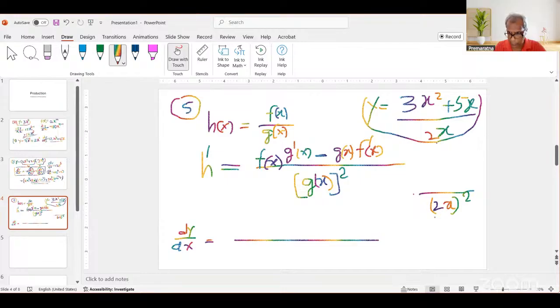Now this part you write, that is 2x squared, and f(x), which is our numerator, we write, which is 3x squared plus 5x.